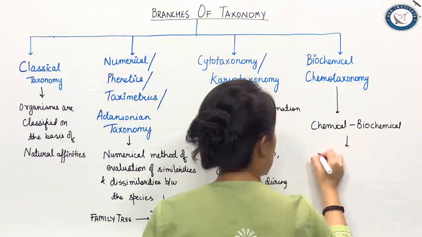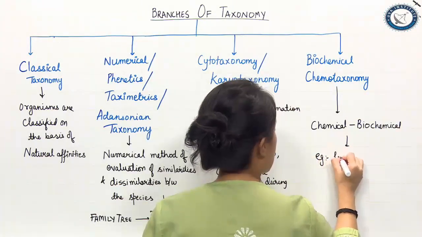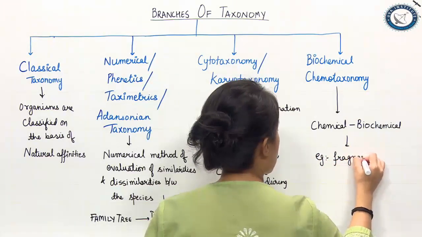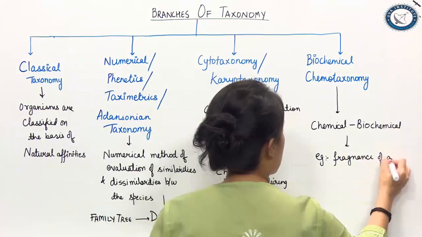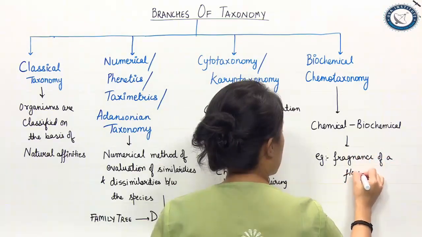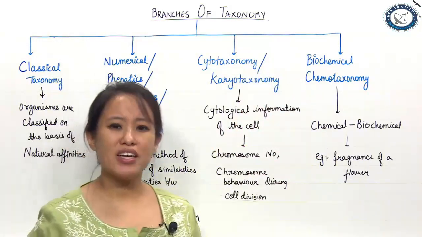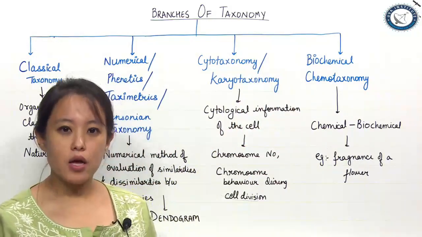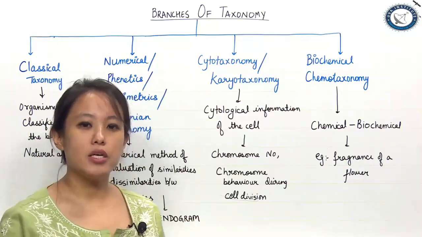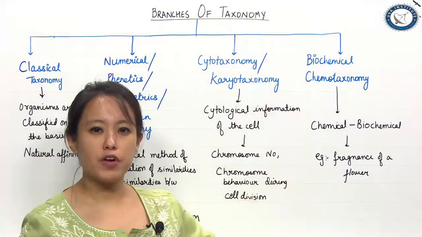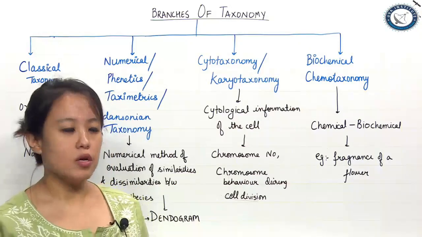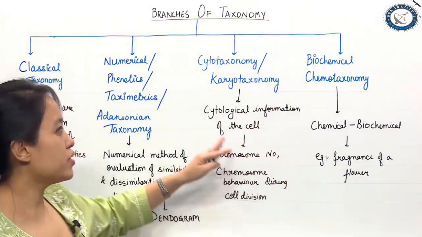Say for example, fragrance of a flower, and many other examples which deal with chemical analysis. Fragrance is just one of the attributes.